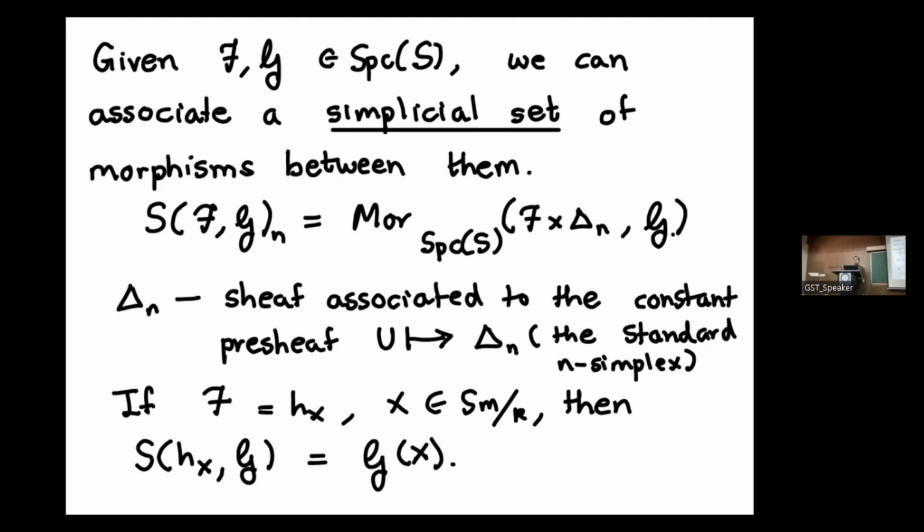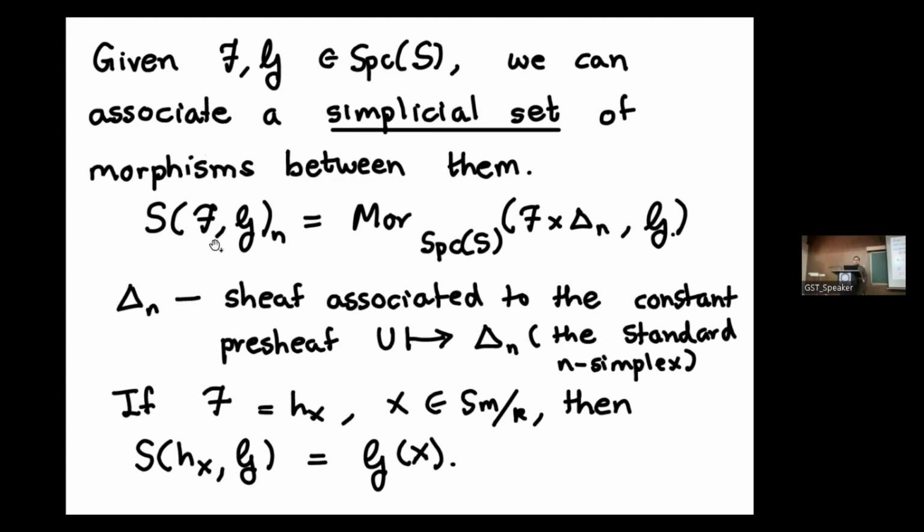You can actually associate a simplicial set to any two objects. I'm just writing S for simplicial. This is a little bit confusing because S was also my smooth scheme, but this S is for simplicial set. Maybe I should have put a script S or something, but I hope it is not going to be too confusing.